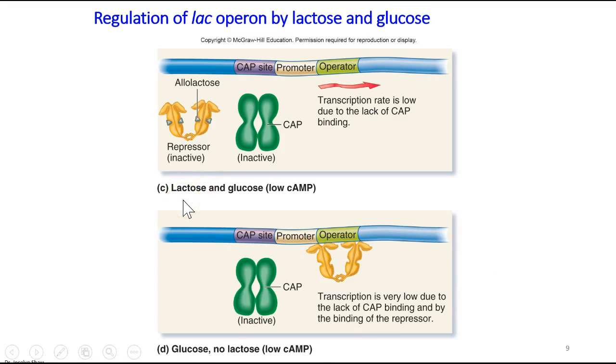Under the circumstances when there's high lactose and high glucose concentration, the glucose is easier to break down than lactose, so the bacteria would prefer breaking down glucose. In this case, the transcription rate is low, because even though the lac repressor has been inactivated, the CAP protein is also inactivated.